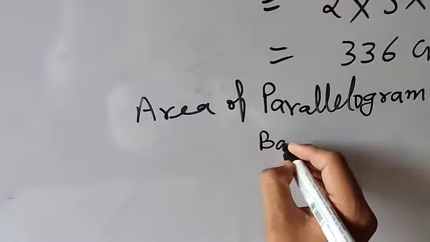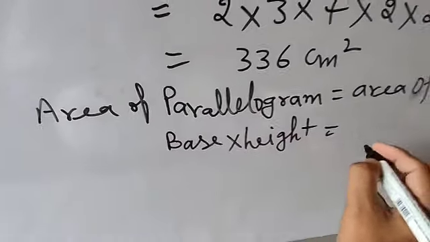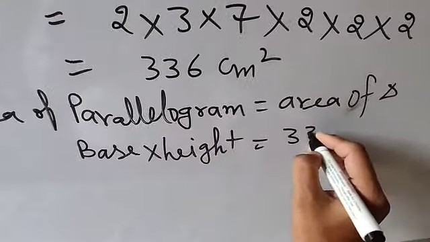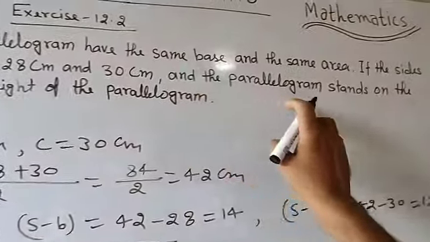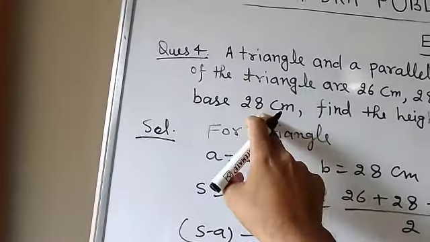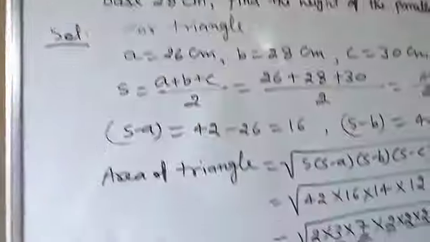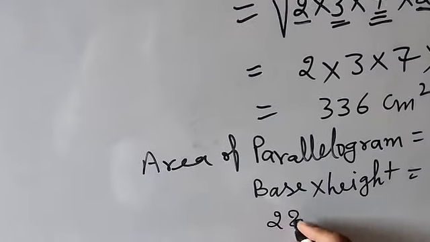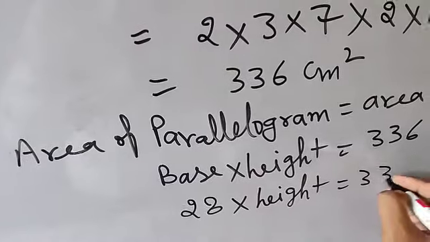It is base into height, equal to area of the triangle, which you got as 336. Now in the question it is given that the parallelogram stands on the base 28 centimeter. It means the base of the parallelogram is 28. So here 28 into height is equal to 336.